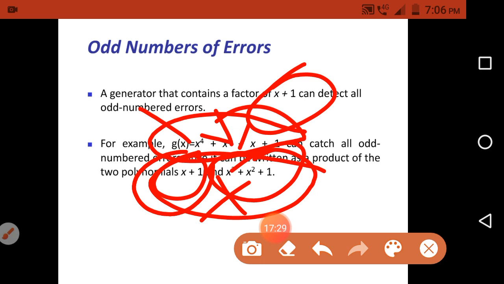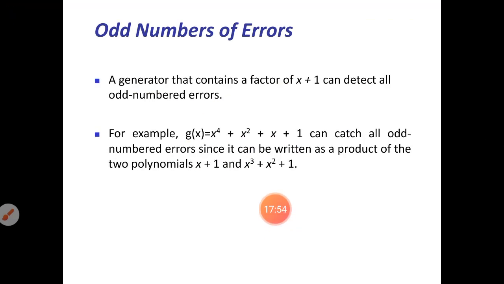An odd number of errors means an odd number of ones are present in the particular data word. So if you divide the generator and one of the factors is x plus 1, then it can detect the odd number of errors.